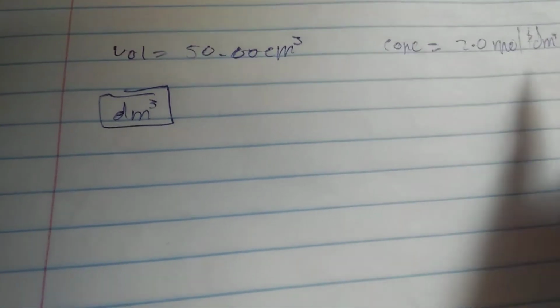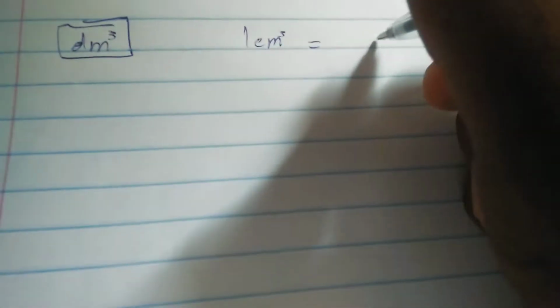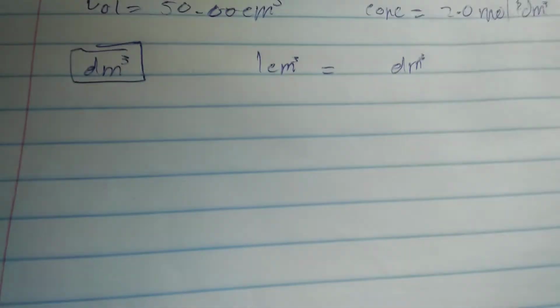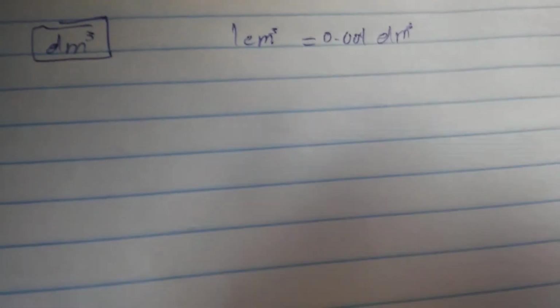So according to the question, you are given centimeter cubed, so you will have to convert the centimeter cubed to decimeter cubed. And our conversion is 1 centimeter cubed is equal to 0.001 decimeter cubed. We are given our volume as 50, and now you have to convert it to decimeter cubed.